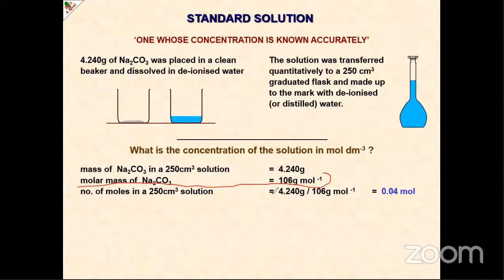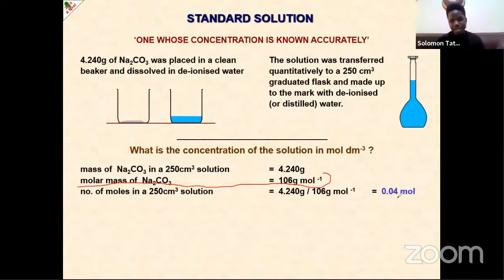Okay, so the number of moles of sodium carbonate in 250 cubic centimeters will be equal to this, which is 0.0. Now, we have the moles, we have the volume. We are finding the molarity, right? What do we do? Next step now. Who can suggest for us the next step? Yes, Tiaba, you are correct.